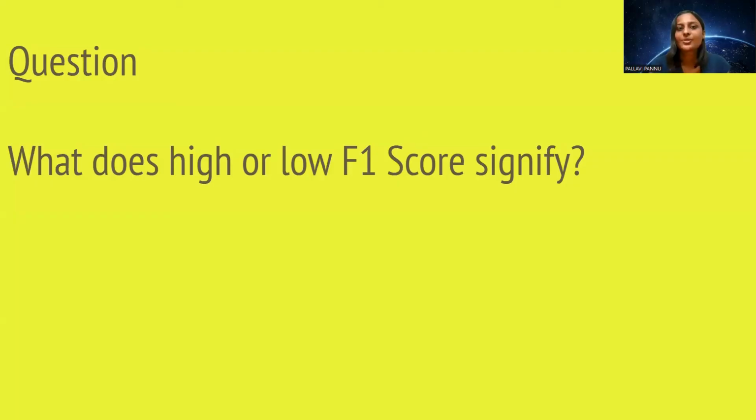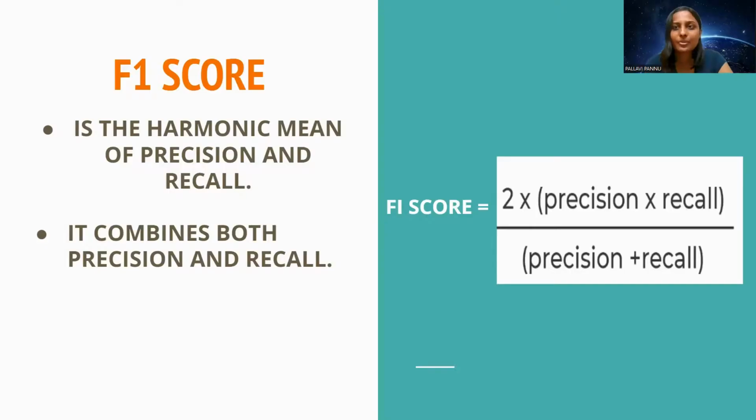Now, this is one of the questions I have been asked in interviews, and you might be too. What does a high or low F1 score mean? Let's go back to the formula. When the F1 score is high, that means your precision and recall are good, right?